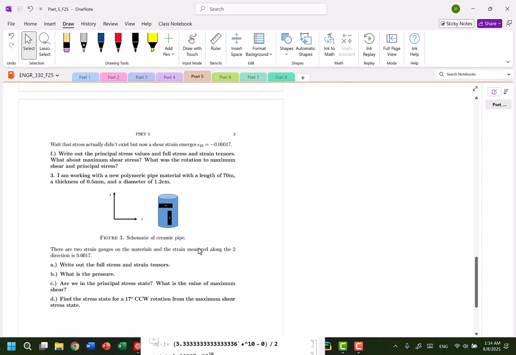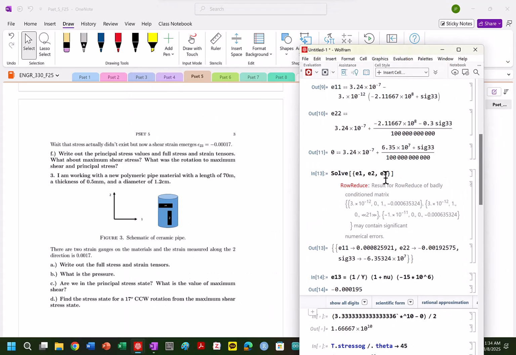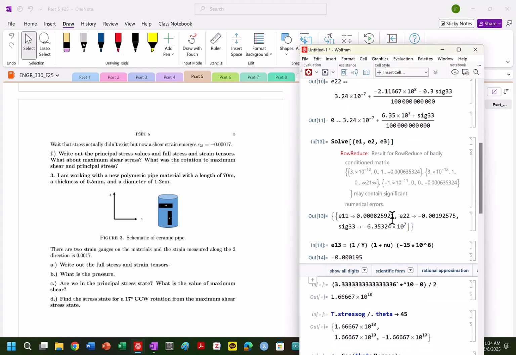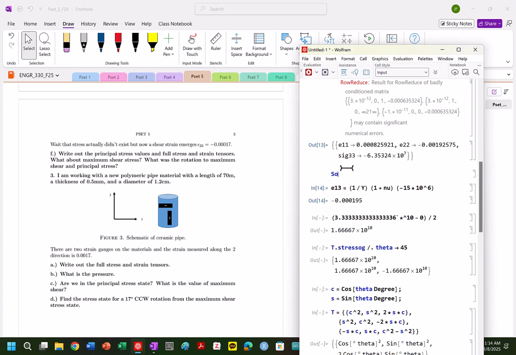Now it's saying, okay, well, now suddenly we have this epsilon 2,3 that's a certain value here. Okay, so now this changes the game. So if we add this value here, and actually we're going to solve for it. So the other one doesn't exist. So we're going to say minus 0.012317.